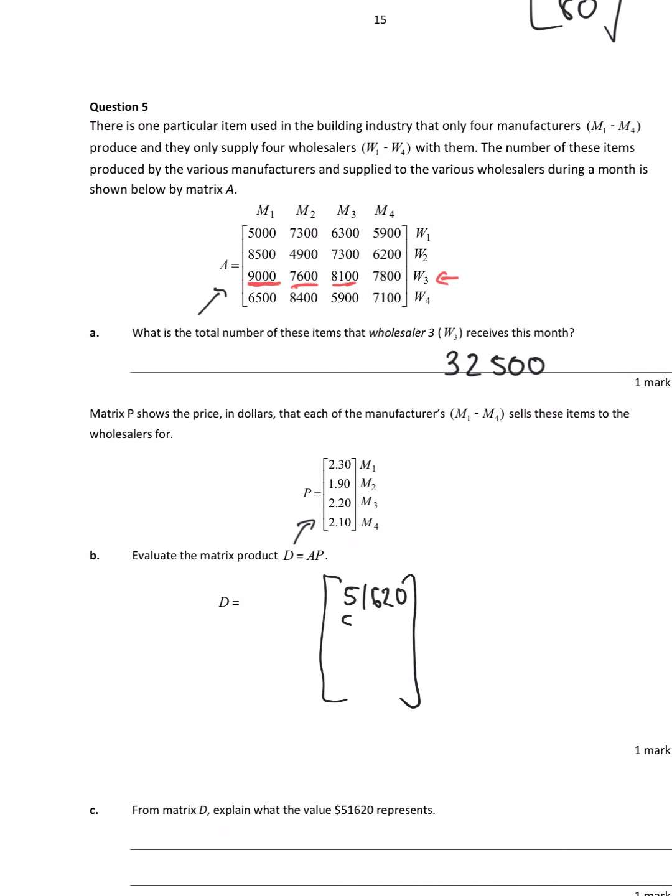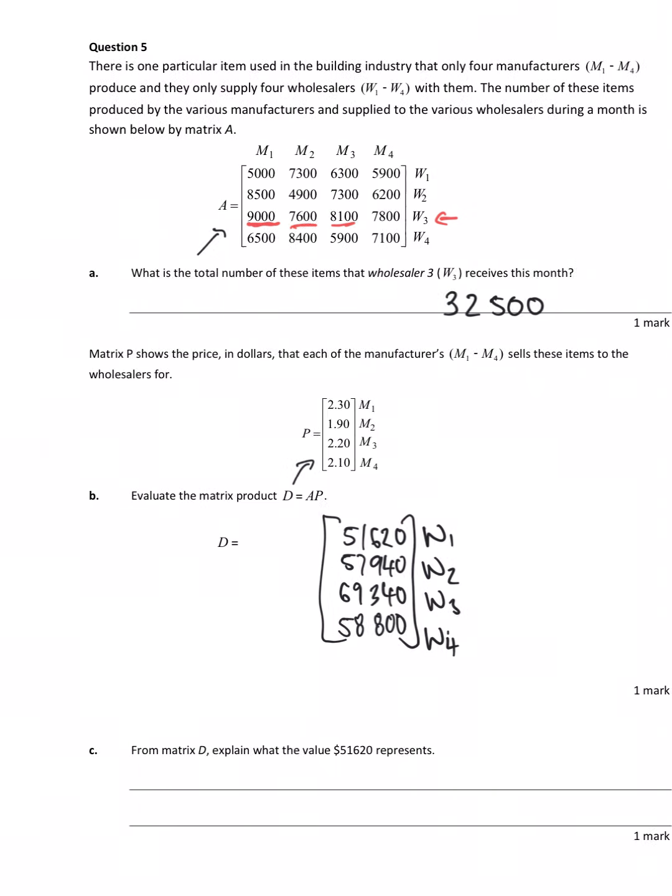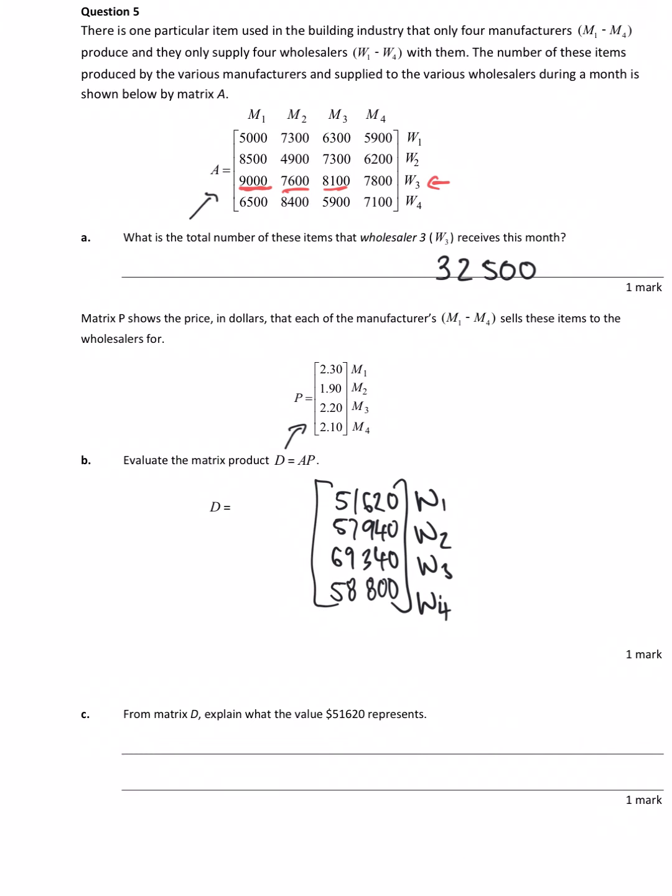51,620, 57,940, 69,340, and 58,800. Okay, and that'll be the total cost for each warehouse. Warehouse 2, warehouse 3, warehouse 4. All right, from matrix D, explain what the top value represents.